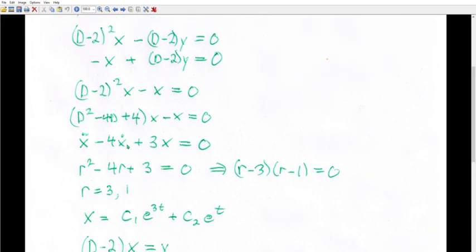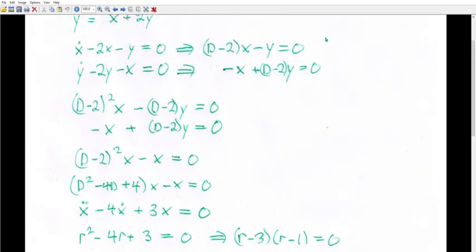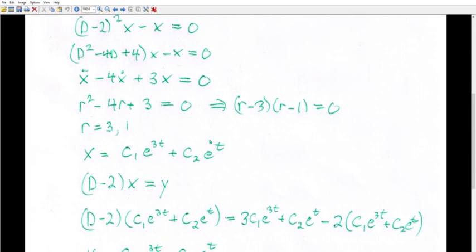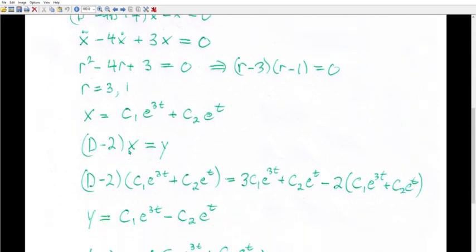Now popping up to here, we can see that this differential equation tells us that y is going to be D minus 2 x. So back down here, D minus 2 x equals y. x we know is c1 e to the 3t plus c2 e to the t. And now we just apply the operator.